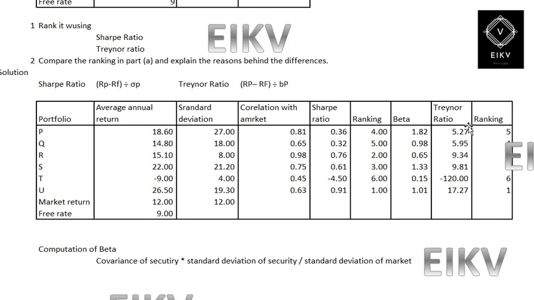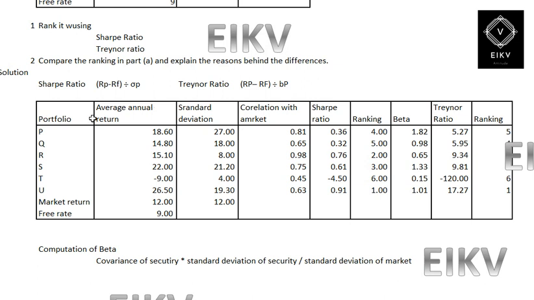So in this illustration beta has not been given, therefore we need to compute the beta. For the computation of beta we have a simple formula. The formula would be standard deviation of the security multiplied by correlation divided by standard deviation of the market.